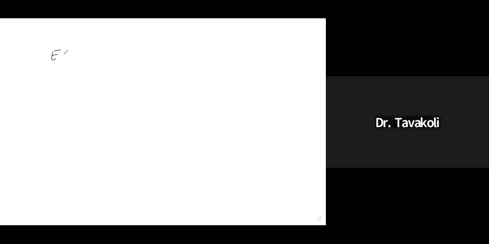So the next example is this power series: the sum of (-1)^k x^k over 6^k, as k runs from 0 to infinity. This is a power series, and we need to answer two questions.